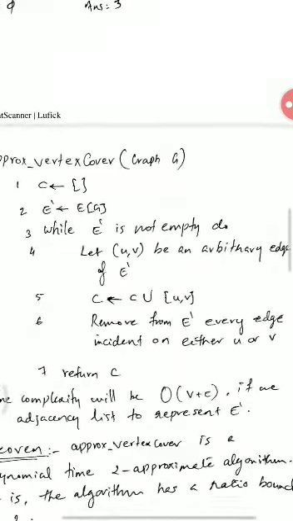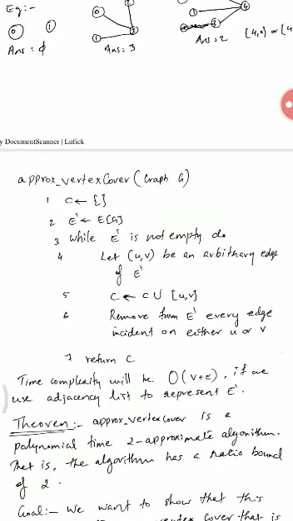Then coming to the approximation vertex cover problem, what is vertex cover now. Here we are creating a set C, an empty set, and E dash, which is equal to the edge set of the given graph. While E dash is not empty, what you have to do?